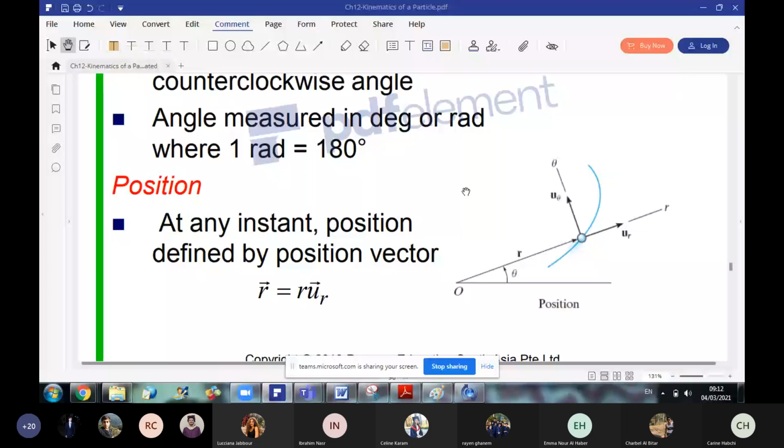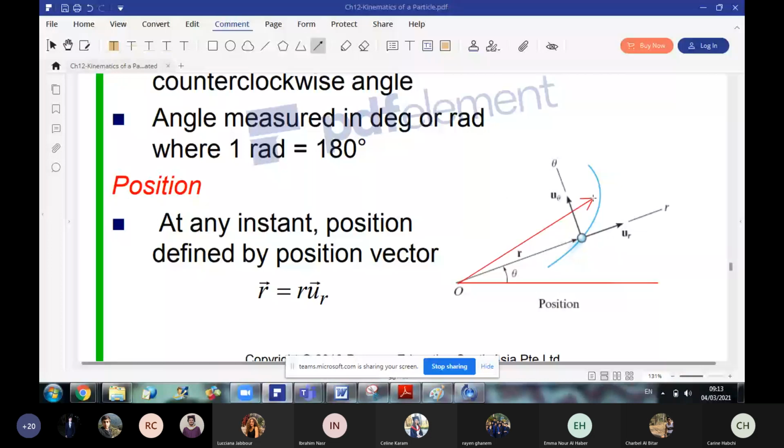In general, when you have a particle moving on a curved path, you can define its position as follows. If I choose a reference line, and this reference line is fixed, then at any location of my particle, I just need two coordinates to define its location.